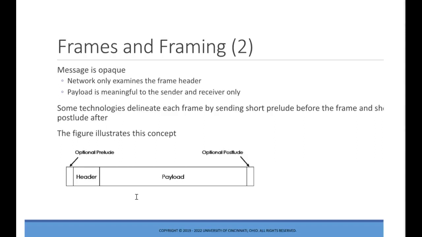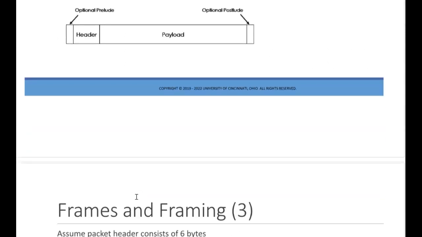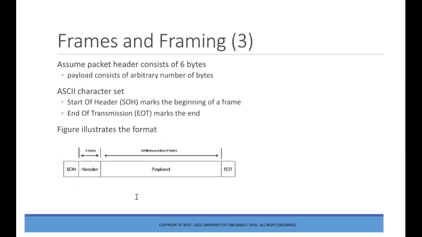We need to mark the beginning and the ending of a frame. In this example, let's assume that a packet header consists of 6 bytes, while the payload consists of an arbitrary number of bytes. We can use the ASCII character start of header, SOH, to mark the beginning of a frame and the end of transmission, EOT, at the end of the frame.